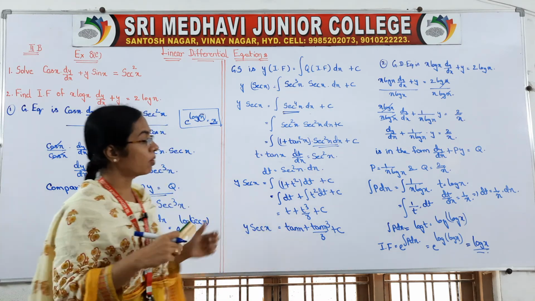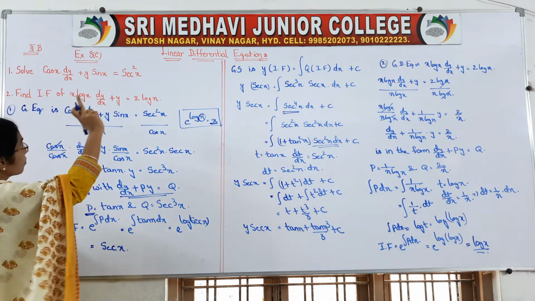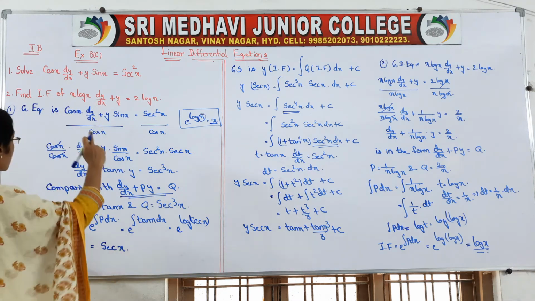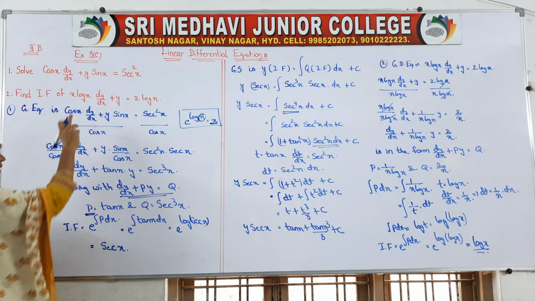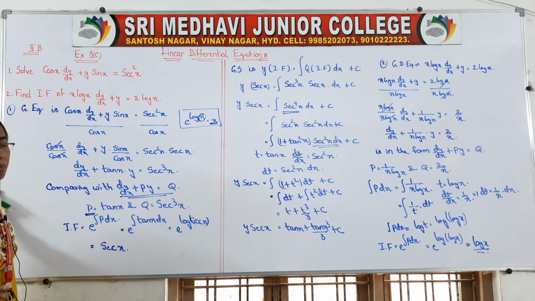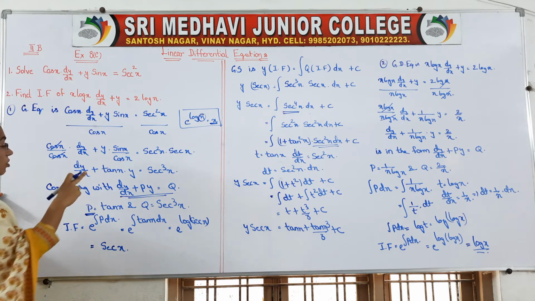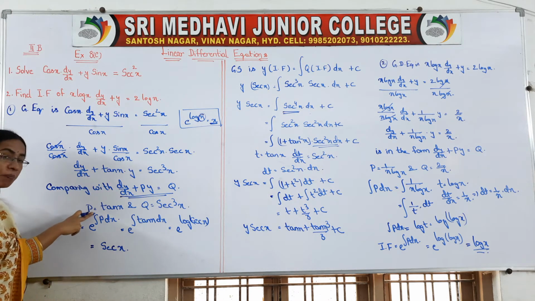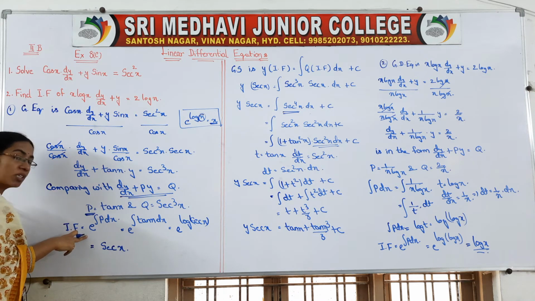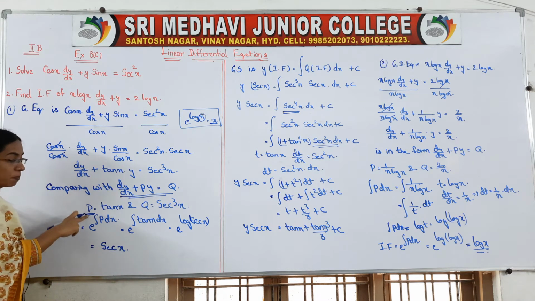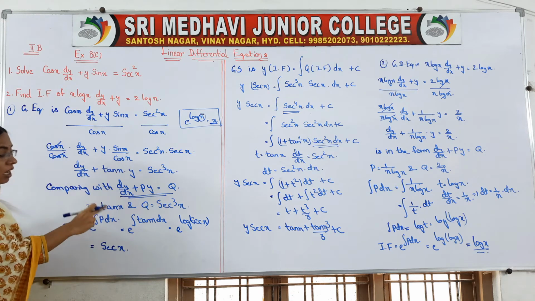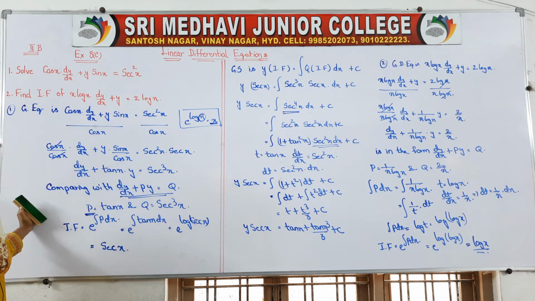Getting my point? Both the given questions are not in linear differential form. First we have to transform them into linear differential form, then compare with p, then take the integrating factor. Here p is equal to tan x and q is equal to secant cube x.